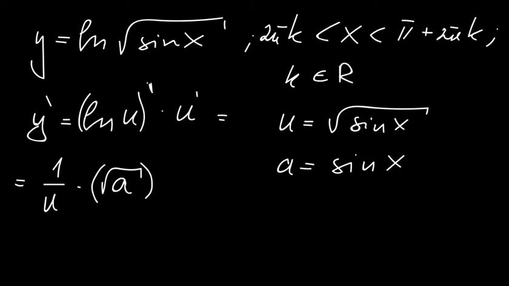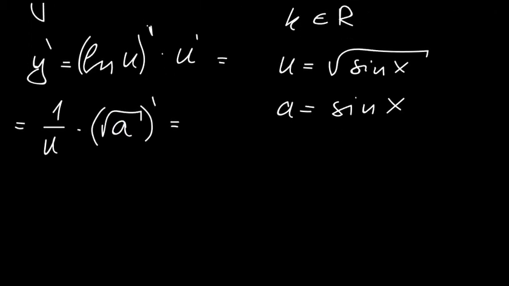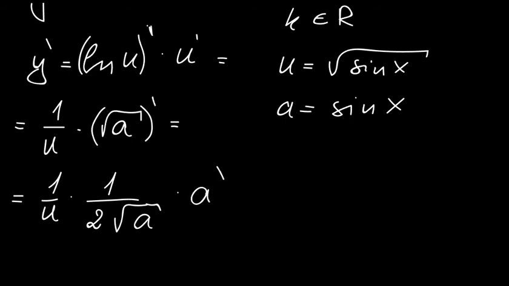Okay, so let's leave this 1 over u for now and just rewrite it. So now a square root of some number, a derivative of that is 1 over 2 square roots of that times a derivative of a. Now a derivative of a will be cosine of x, and here's what we get.